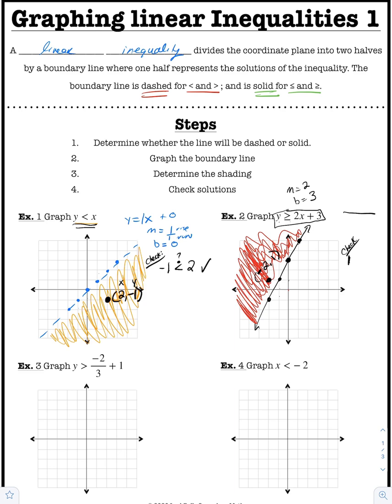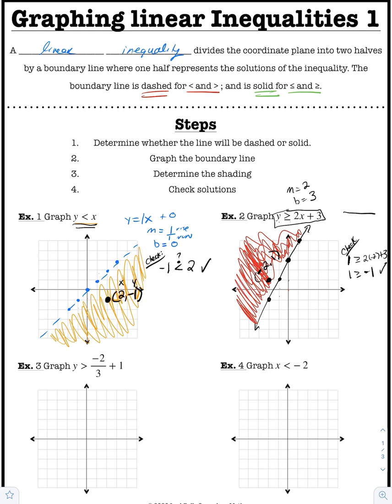So that becomes 1 is greater than or equal to 2 times -2 plus 3. So that's 1 is greater than or equal to -4 plus 3, which is -1. Is this a true statement? The answer is yes. So that means we've shaded in the correct direction.